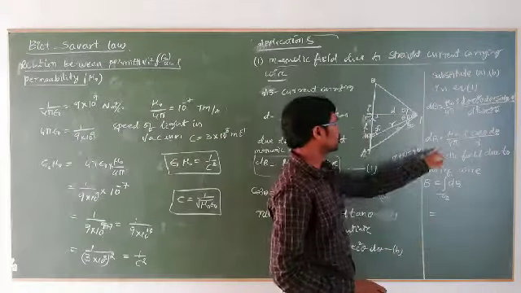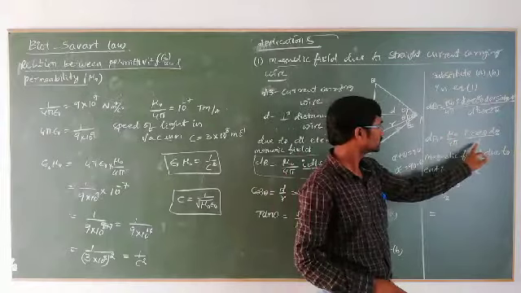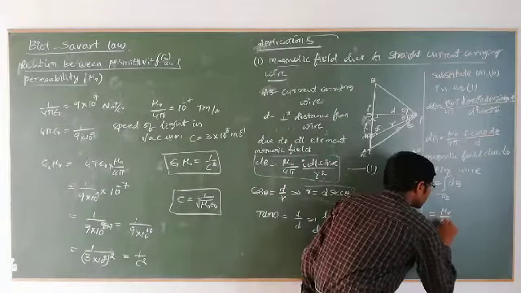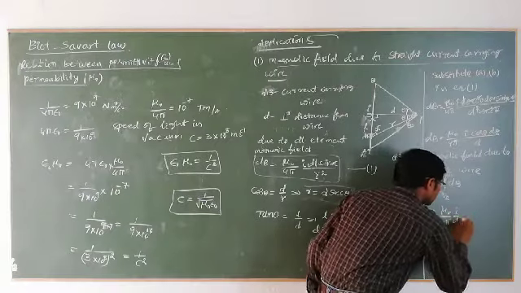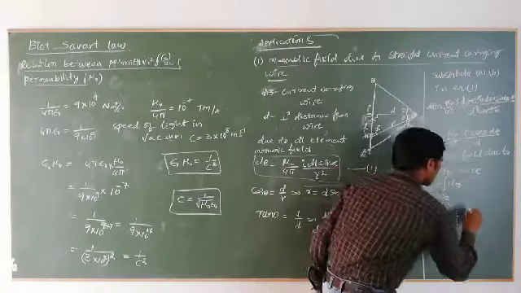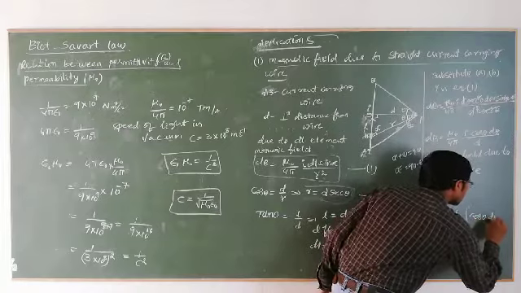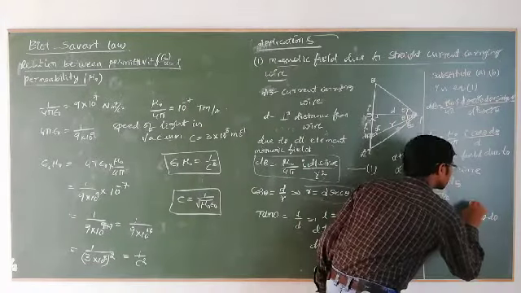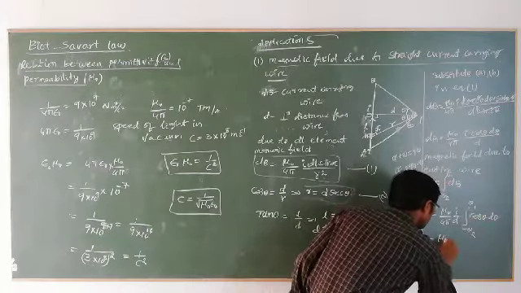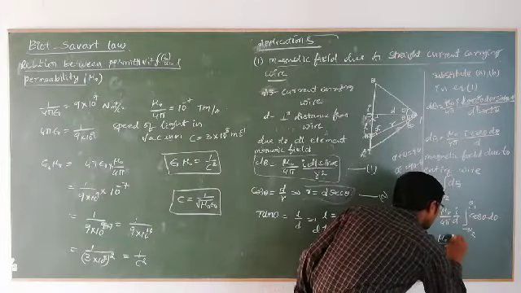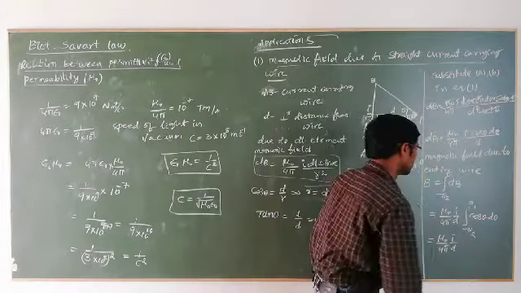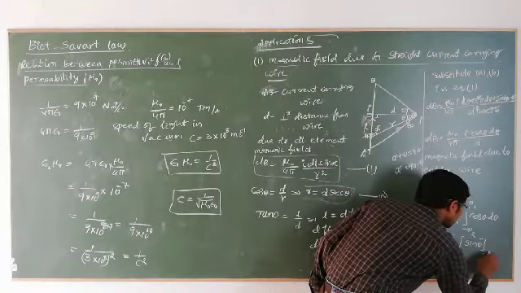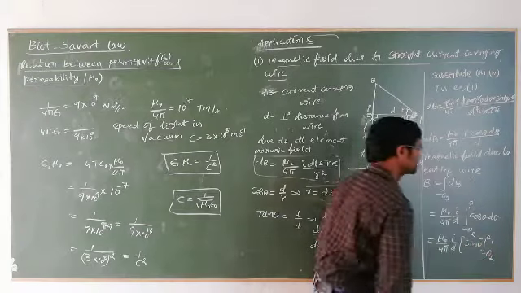You can see mu naught by 4 pi, I, and d are constant. So let me write here mu naught by 4 pi, I by d, and integral cos theta d theta. And what are the limits here? Minus theta 2 to theta 1, that is equal to mu naught by 4 pi I by d, and the integration of cos theta is sin theta, with limits minus theta 2 to theta 1.